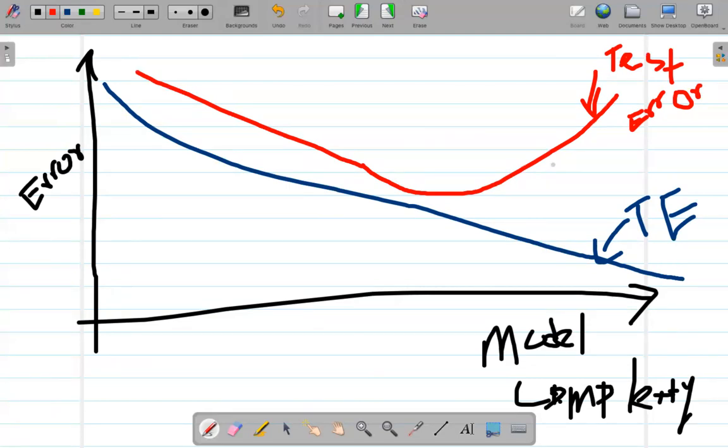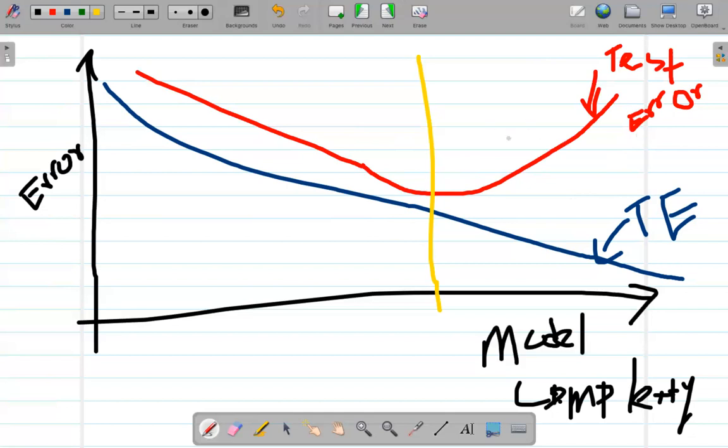If we divide this from here, you can see that the test error is getting increased, but the training error is getting decreased because the model complexity is too high, which means we are increasing the past data points and past data components. Then it's well trained, but the test error gets lower and then increases again.